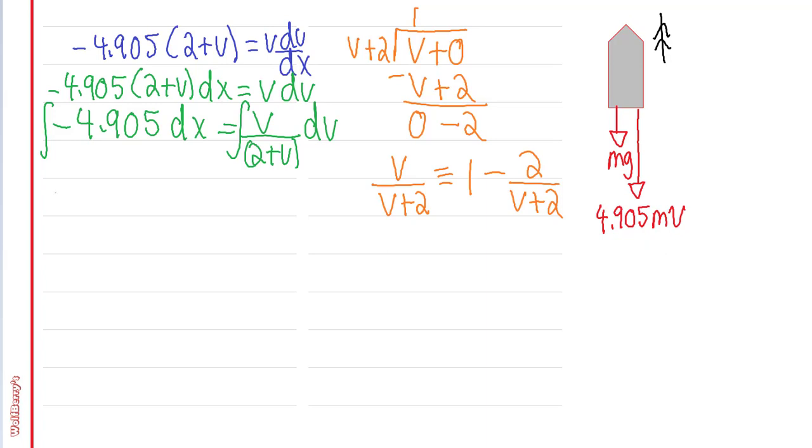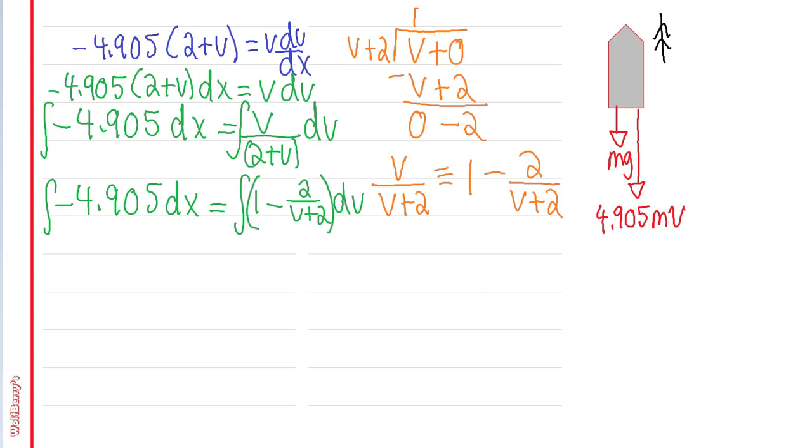So it's going to be integration of minus 4.905 dx is equal to the integration, let's put our new fraction, of 1 minus 2 over v plus 2 dv.